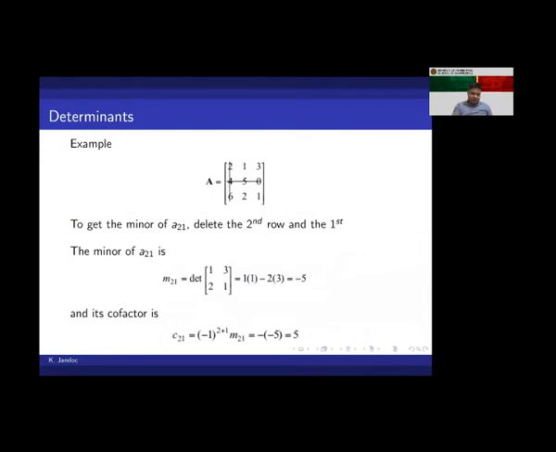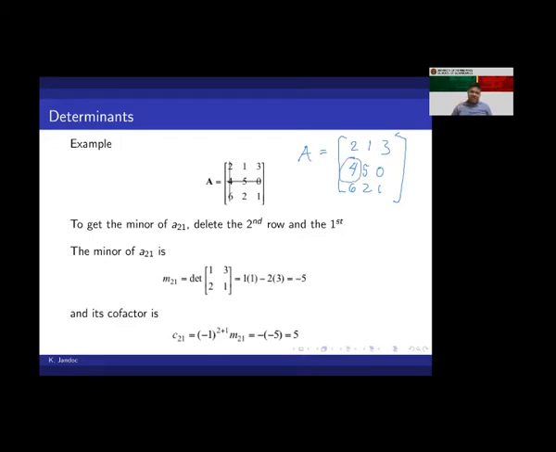So this is the matrix A. Matrix A is 2, 1, 3, 4, 5, 0, 6, 2, 1. Now, first, let us look for the minor associated with the entry A21. A21 is the entry in the second row and first column, so it's this 4.